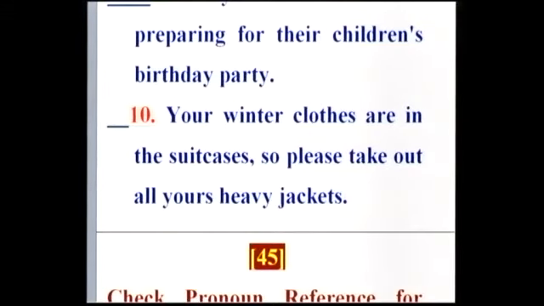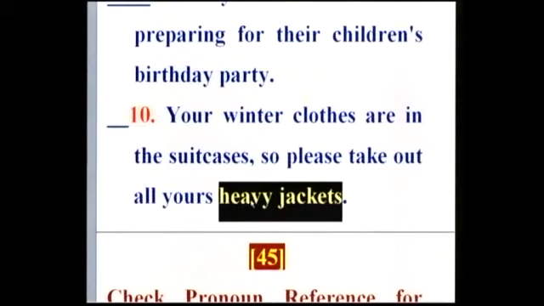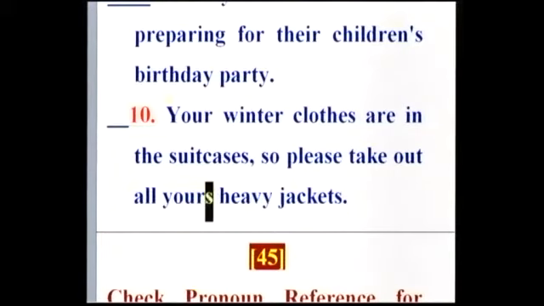So please take out all yours heavy jackets. طيب jackets is the noun, طبعا قبلها adjective heavy، لكن المهم قبل heavy jackets, which is my noun in this sentence, I should have an adjective and not a pronoun. يبقى مفروض ان دي تبقى not all yours heavy jackets, but it should be all your heavy jackets. طيب.